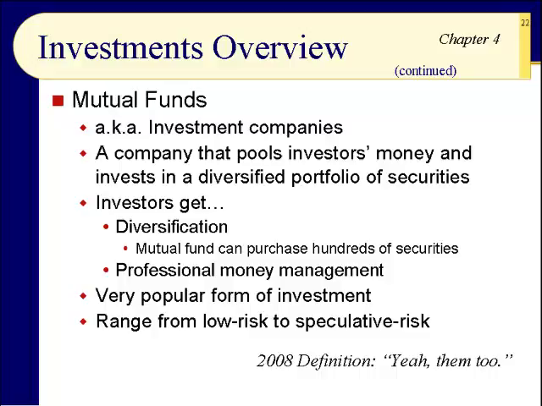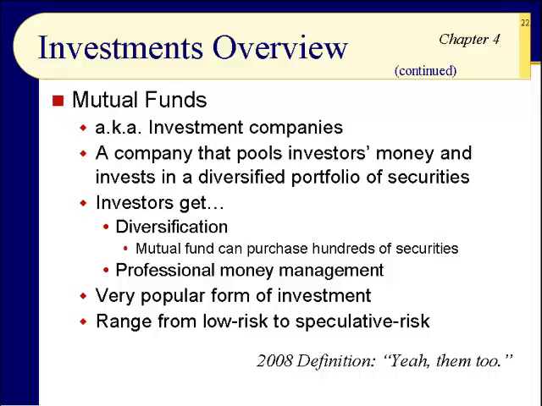Some of them are very good, some of them are so-so, and some of them are not so great. They are very popular forms of investments. Why? We're going to see why. Because of the ease of use, the ease of dealing with the mutual fund company, and because of 401ks and other employer-sponsored retirement plans.